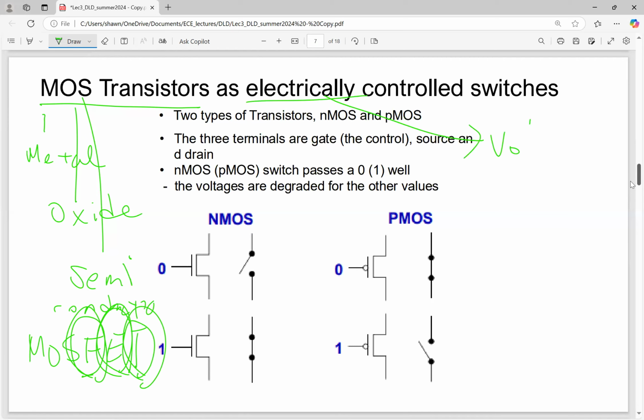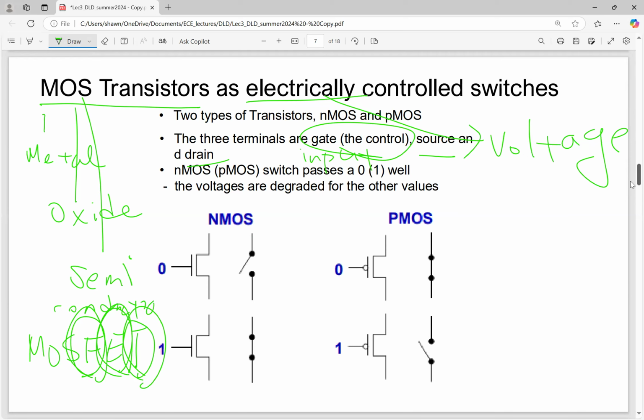Specifically, we can say a voltage controlled switch. They have three different terminals: source, drain, and gate, where the gate is an input terminal.